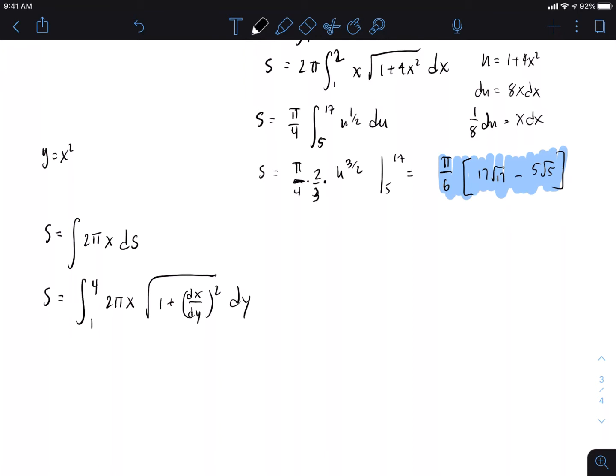So this is going to become root of y is x. Agreed? Agreed. So we can see from there this is going to go from 1 to 4 of 2 pi root of y, root of 1 plus, and now I need the derivative of that. So my dx dy is going to be 1 over 2 root of y.